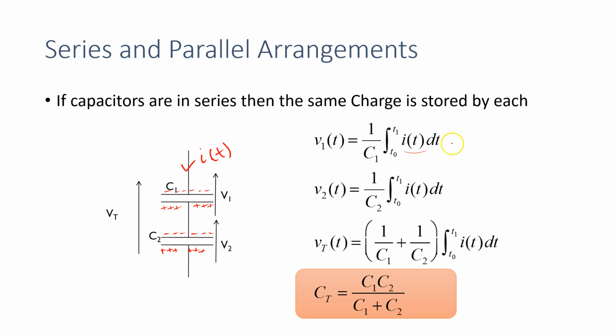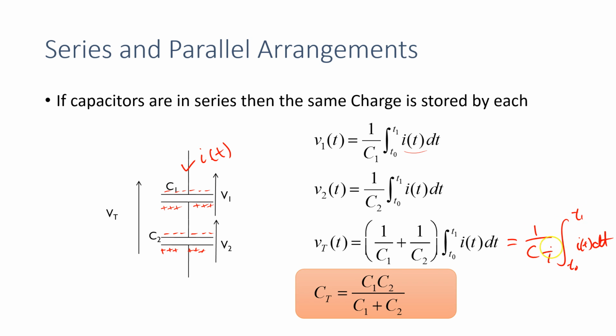And if I sum these, because the total voltage VT is the sum of the two voltages, then I'll get the equivalent capacitance here. If I had to write this, it would be 1 on CT, the integral between T0 and T1 of I(t) dt.